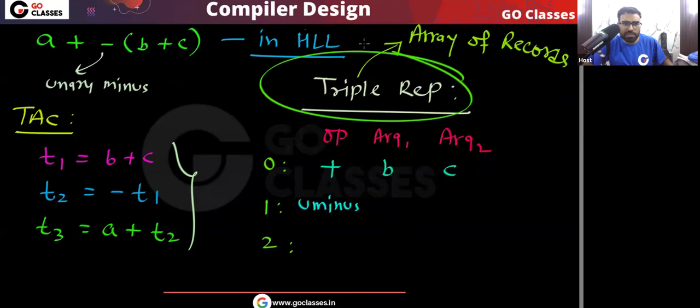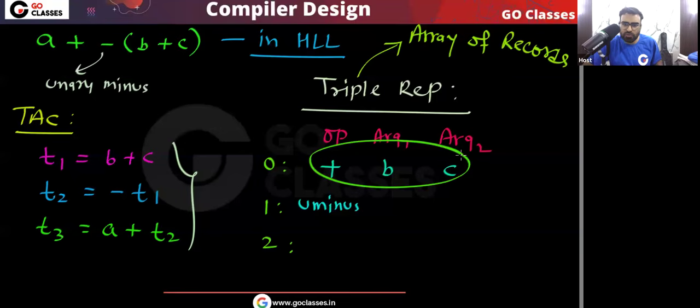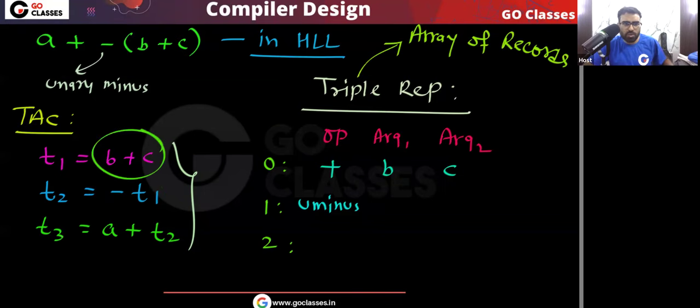But in the triple representation, we do not use a temporary variable; we refer to the result of this operation by its position. So in the second instruction, the operator is unary minus, and t1 means the result of this operation.